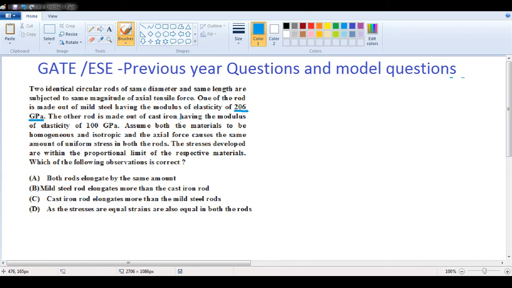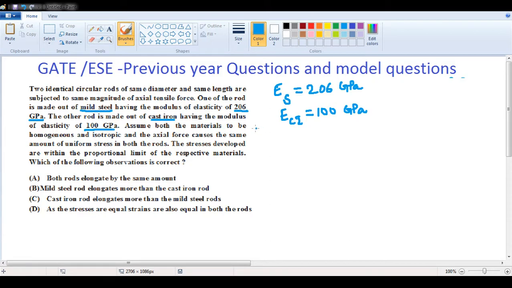The other rod is made of cast iron. The modulus of elasticity for steel is 206 gigapascal, whereas for cast iron it is 100 gigapascal.